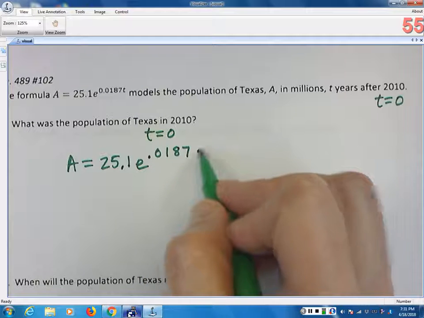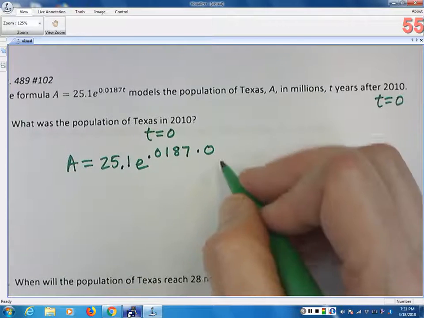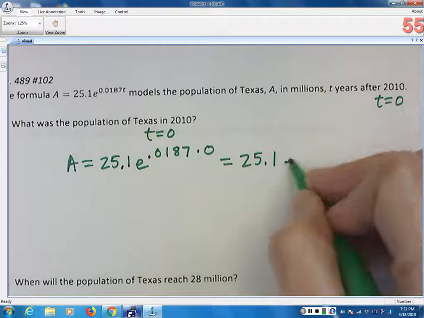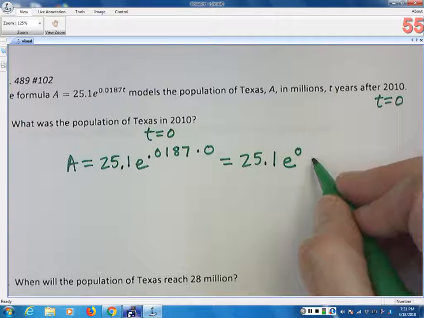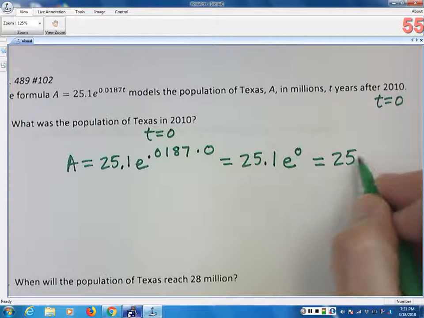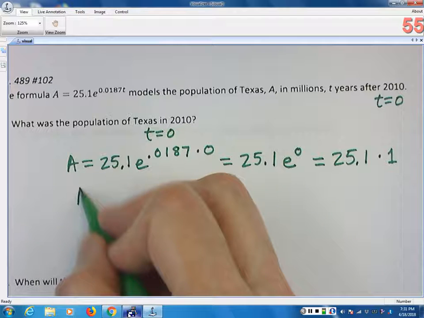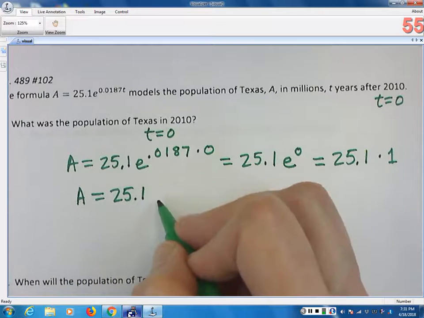0.0187 times 0. Well, anything times 0 is 0. So you get 25.1 e to the 0, and anything raised to the 0 power is 1. So that's 25.1 times 1. So the answer is 25.1, and it's in millions.